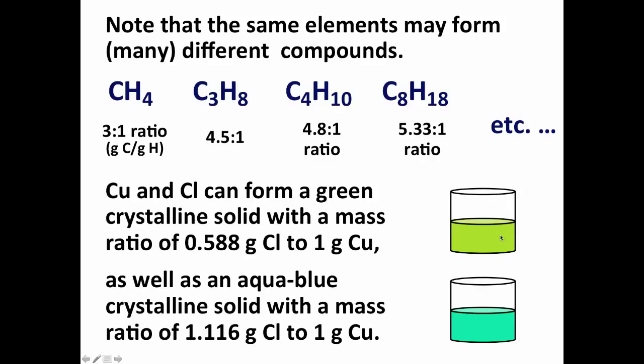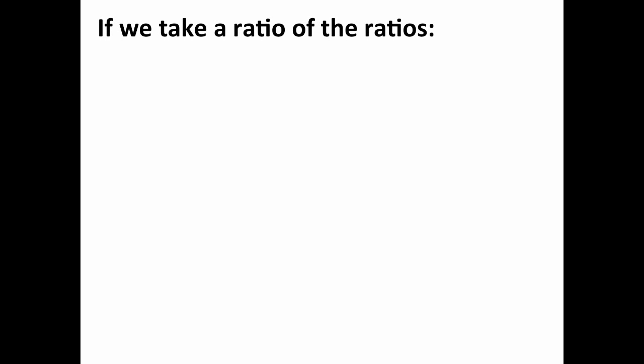Each of these compounds is a compound of copper and chlorine, but let's see if we can get anything else out of this data. It turns out that if we take a ratio of the ratios, and what I mean by this is, here is one of the compounds and there's the other.